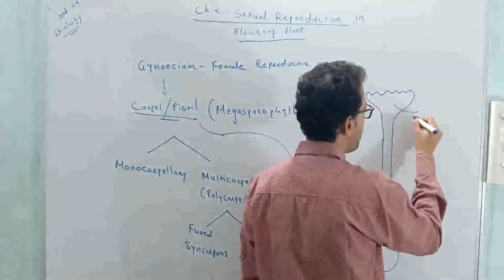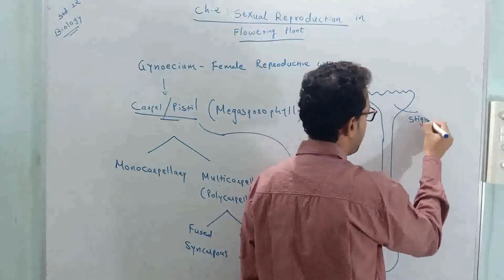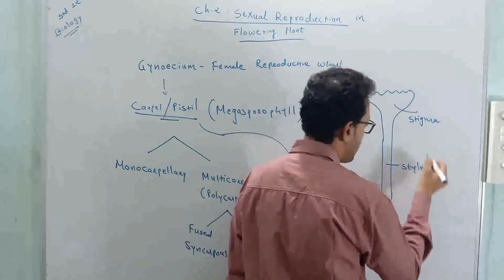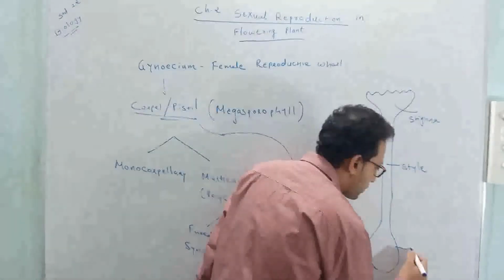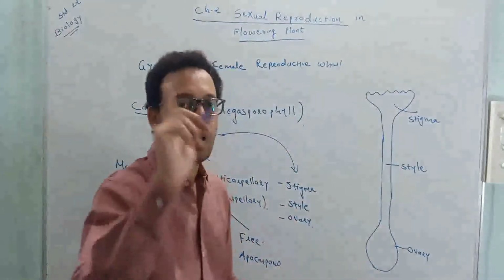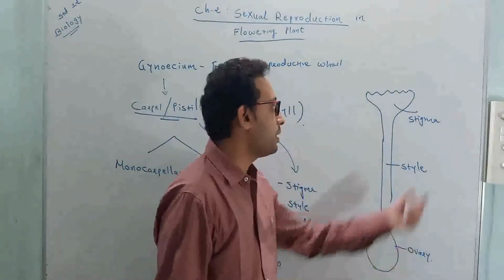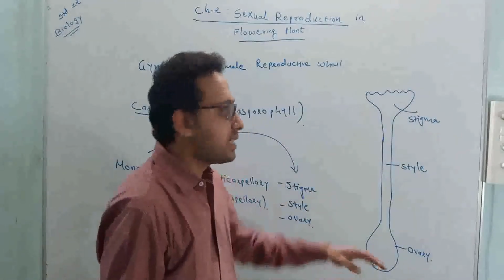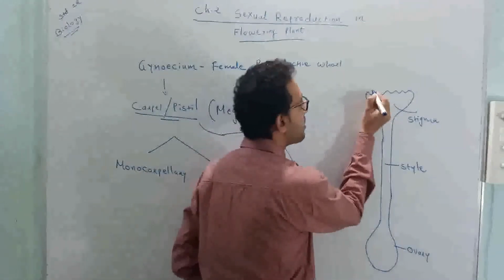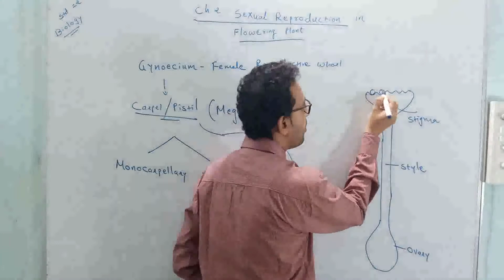So this is a portion what we call as stigma. Next, a tube-like structure, what we call as style, and the lower one, bulged portion, is called as ovary. I have drawn just one carpel. This is a structure of one carpel. The stigma is a terminal part of a carpel or pistil. It serves as a landing platform of pollen grain.